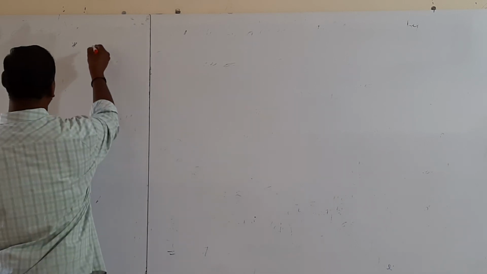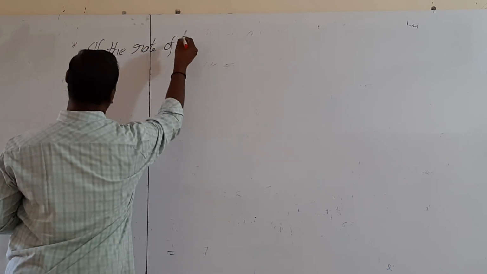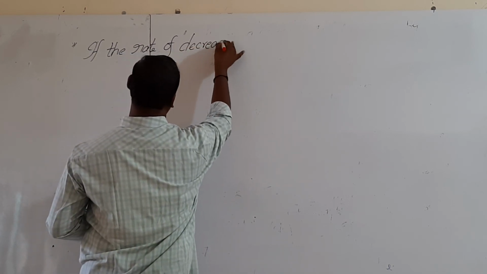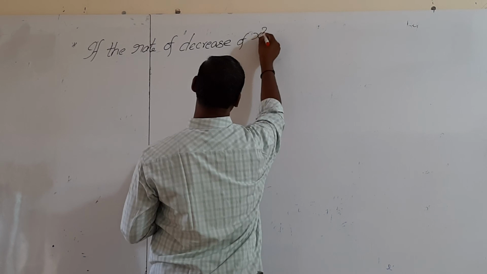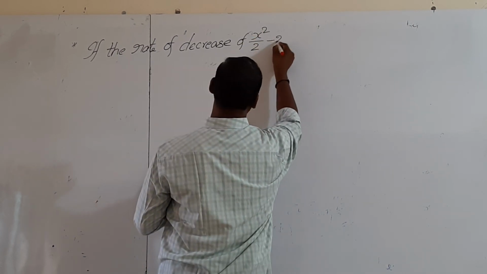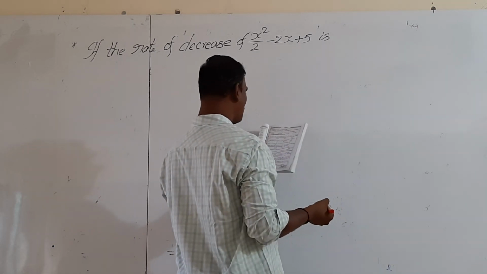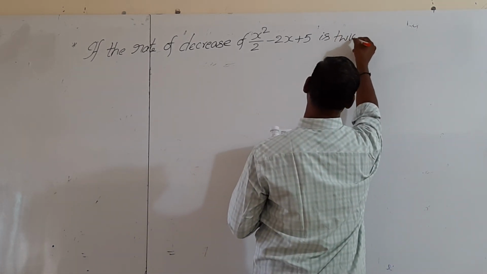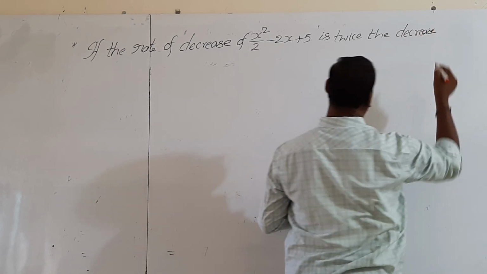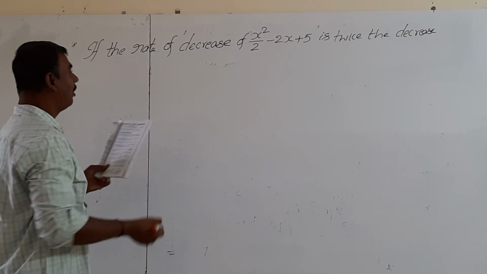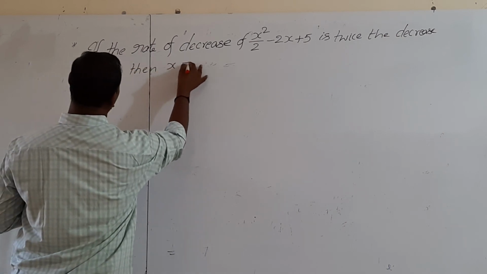If the rate of decrease of x square by 2 minus 2x plus 5 is twice the decrease of x, then x is equal to?